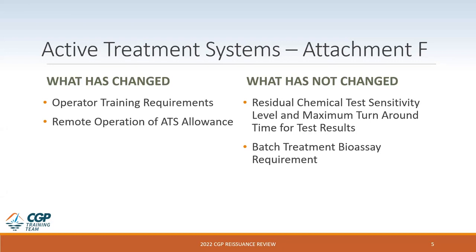We'll talk about that some more. And then what has not changed is the residual chemical sensitivity and the turnaround times for the residual test for a flow through system. And for the batch treatment system, the bioassay requirements stay the same.